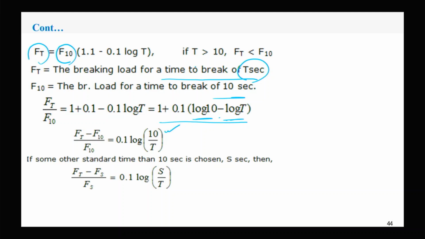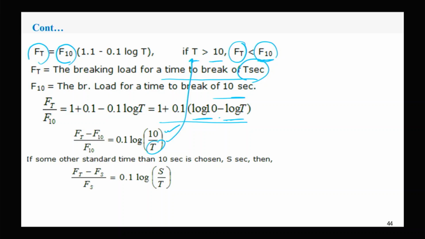Now if the time required to break T is more than 10 seconds, then our strength at time T will be less than F10.